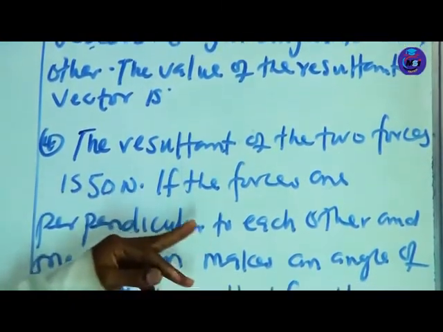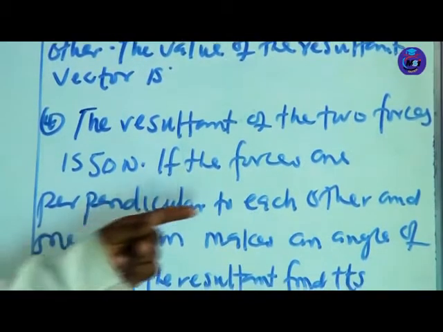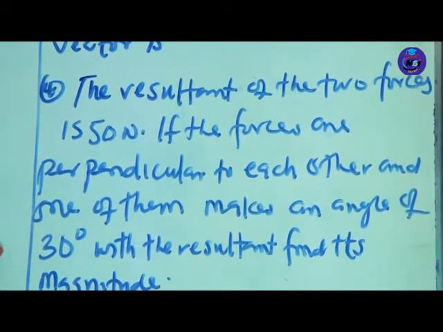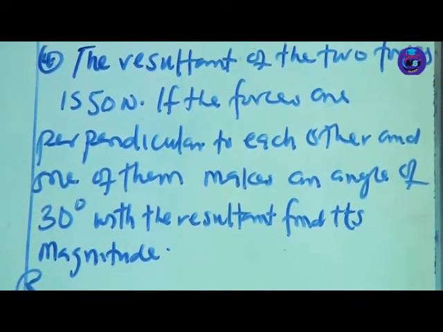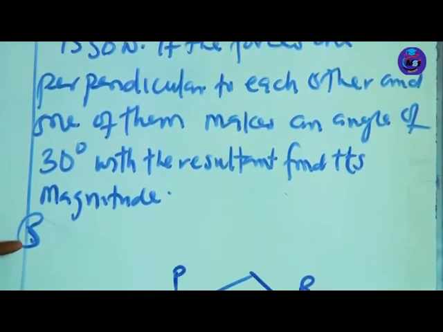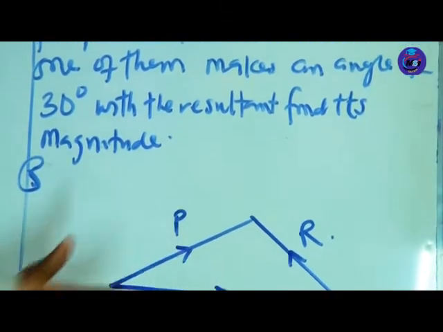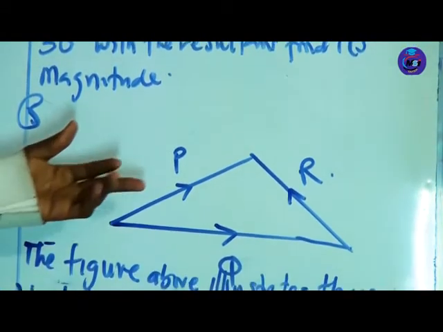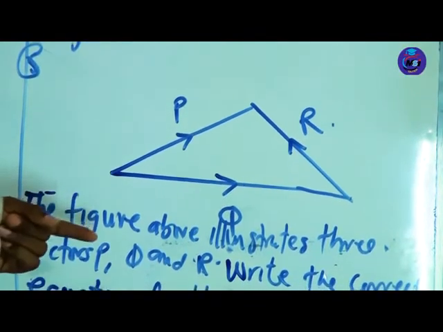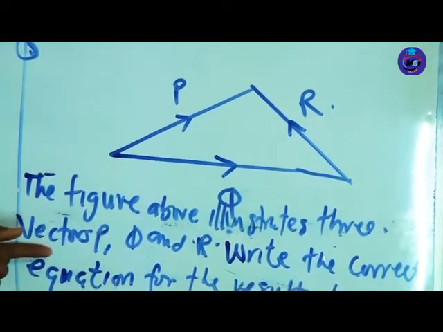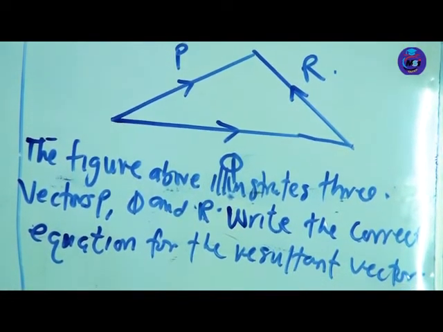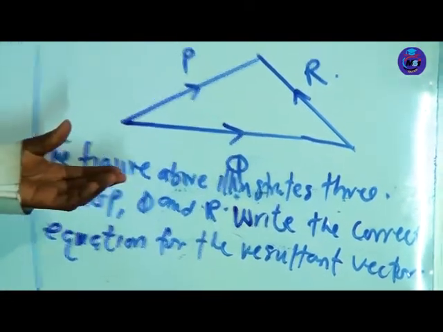If the forces are perpendicular to each other, one of them makes an angle of 30 degrees with the resultant. Find its magnitude. The last one, question 5, is a vectorial problem. This is vector P, vector R, vector Q. The figure above illustrates three vectors P, Q, and R. Write the correct equation for the resultant vector.